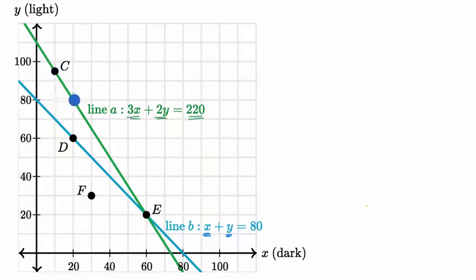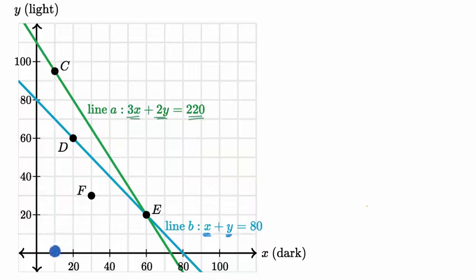Well, if we're on the green line, that means that the amount that she spends on dark roast plus the amount that she spends on light roast adds up to exactly $220. So she's definitely spending $220 at C. But how many total kilograms is she using? Well, for this given x, we're sitting above the line, which means she is not using exactly 80 kilograms.